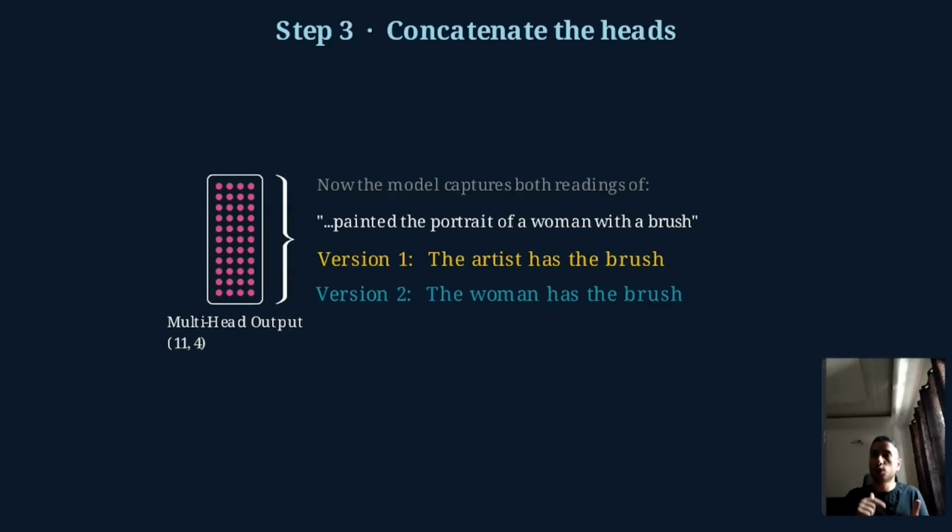It also knows about version 1 where the artist has the brush as a tool, and this embedding also knows about version 2 where the woman has the brush inside the portrait. Now we are able to put different perspectives into a single contextual embedding, which makes our model more open-minded and more able to see the reality and different perspectives.